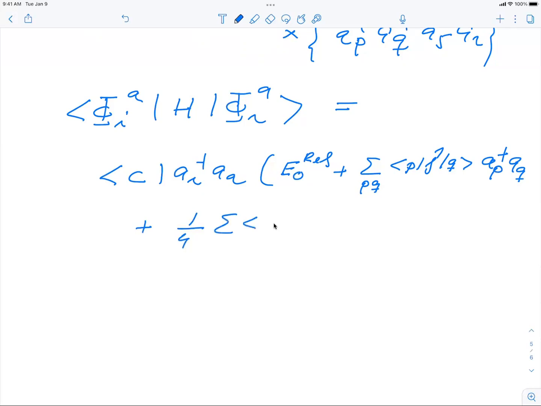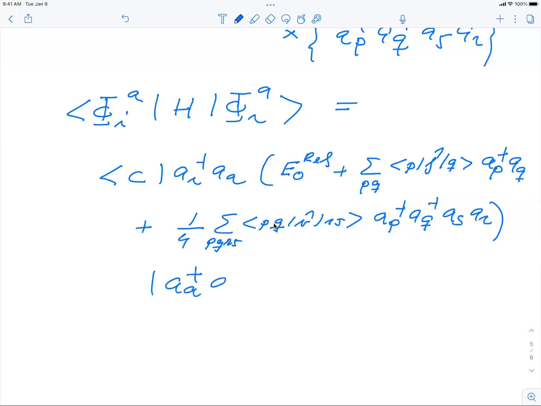I have the two body matrix elements, PQ, V, RS, and then I have A P dagger, AQ dagger, AS, AR, and this is then multiplied with the other state here, AI of C.